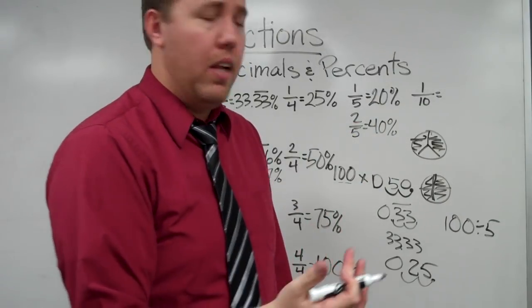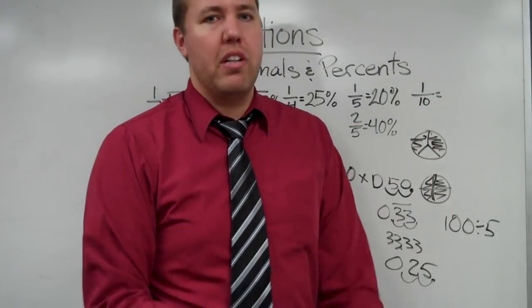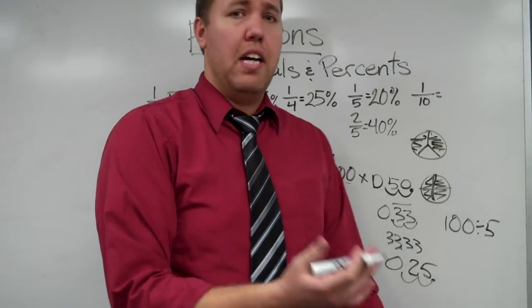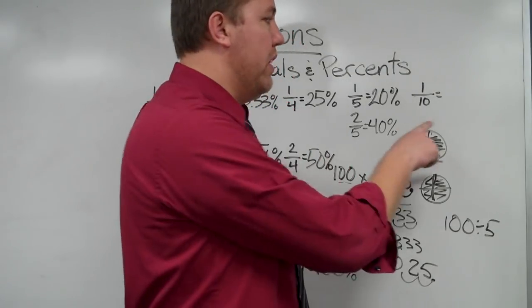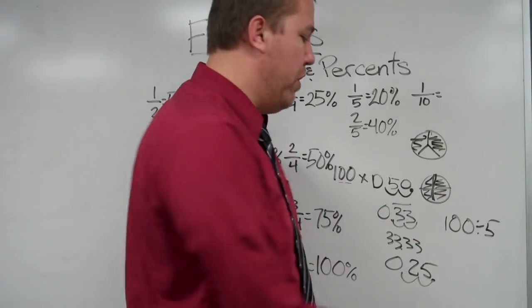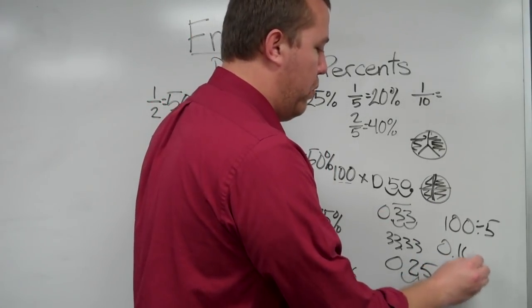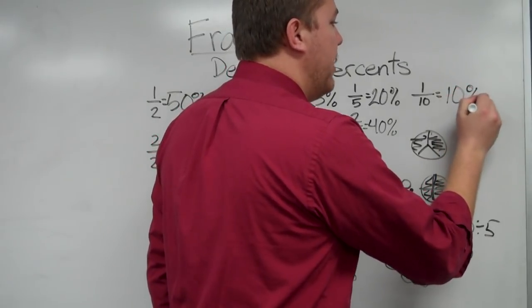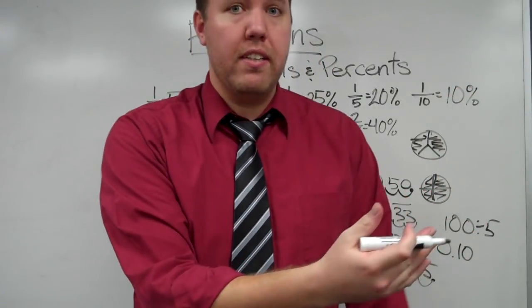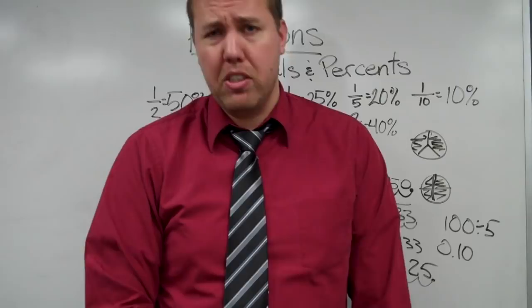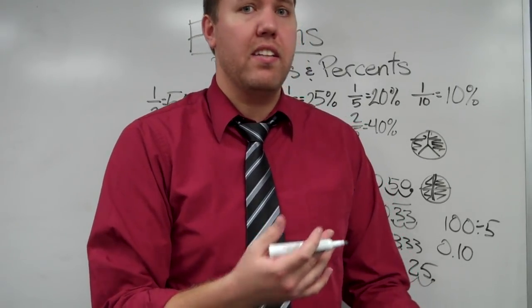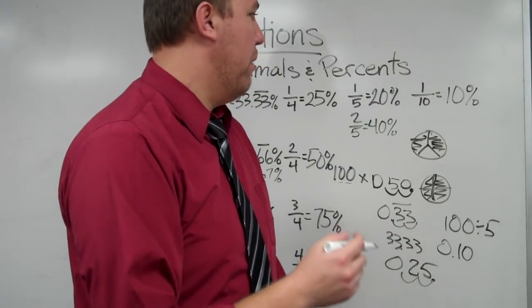And so on, like that. Tenths, pretty easy. What's a tenth of a dollar? A dime. How much is a dime? 10 cents. 1/10, 1 divided by 10, you get the decimal 0.10. Times that by 100, you get 10%. So, for each tenth, 4 tenths, 4 times 10, 40%. 7 tenths, 70%. 8 tenths, 80. 9 tenths, 90%. And so on.